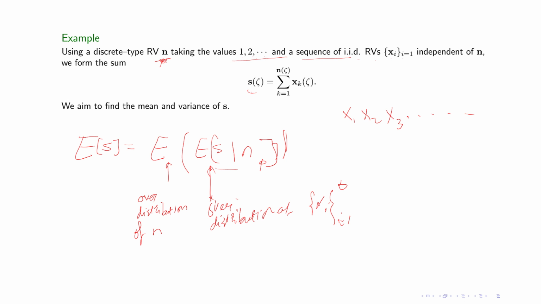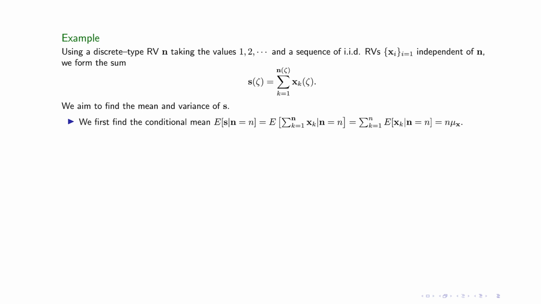The same thing for the variance. We first find the conditional mean of S given n. If this n is fixed, not random, then S is equal to the sum of k equal 1 to n of xk, and n is fixed. Because it is fixed, I can say that the mean of each of these is equal to mu, and I have n of them, so I get n mu x.